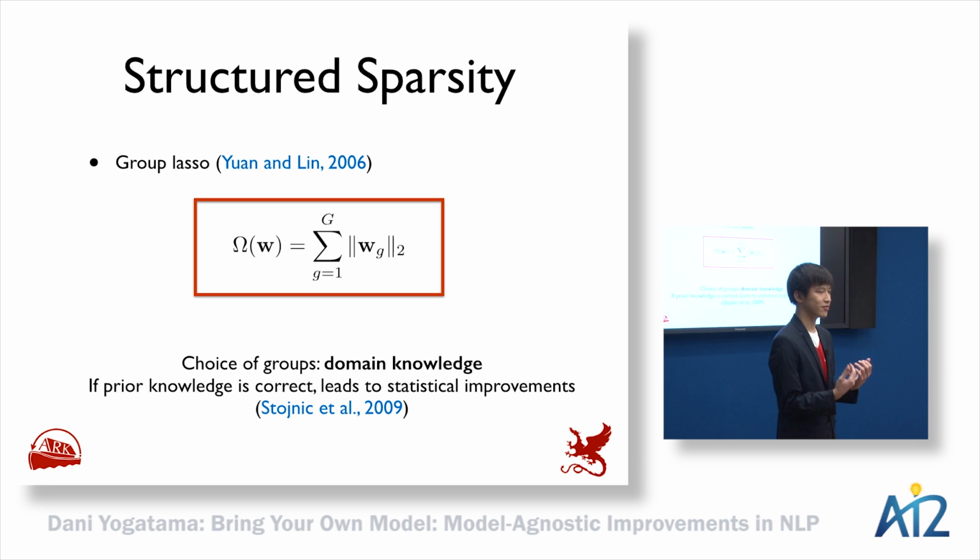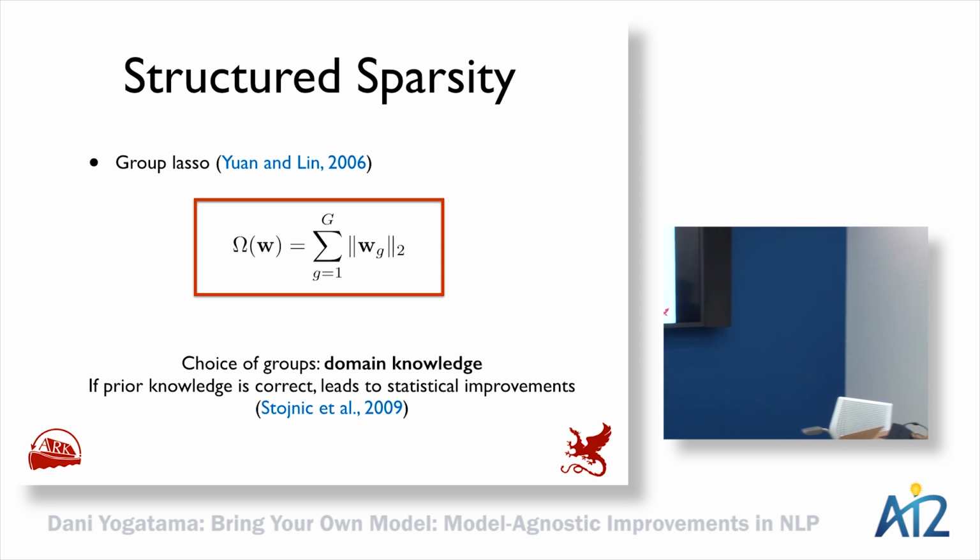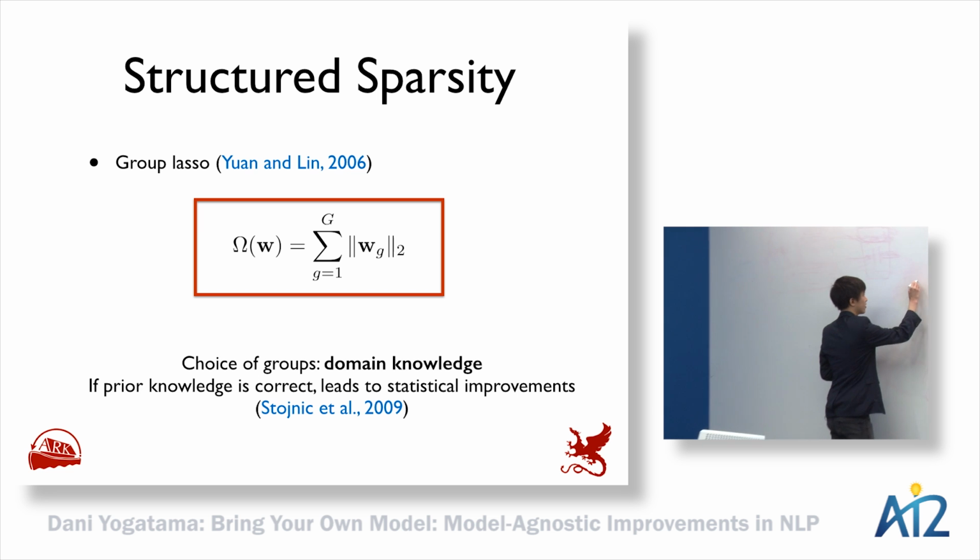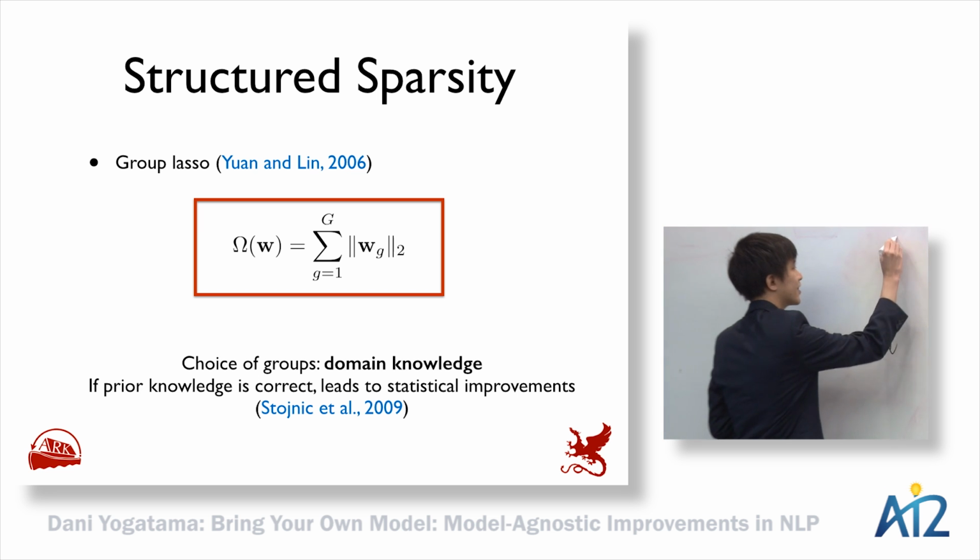So maybe after we do learning, only words starting with letter A will be selected, and the others will be 0. If I have a marker, I can draw what it looks like. So you're saying that it chooses a single group, or it tends to prefer some groups? Yeah, it tends to prefer some.